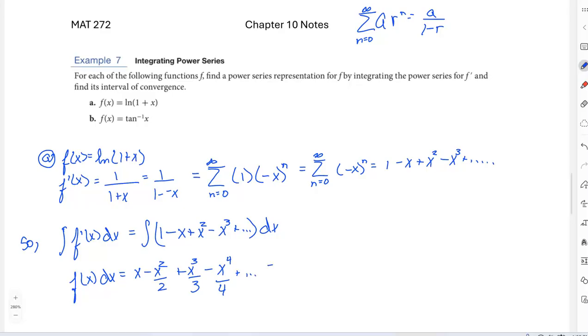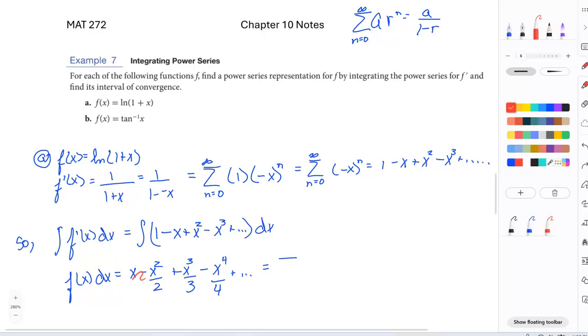And let's see if we can write that as a sum. I could think about that x as x over 1 raised to the first power. We have alternating signs. Let's start this one at 1 and go to infinity.